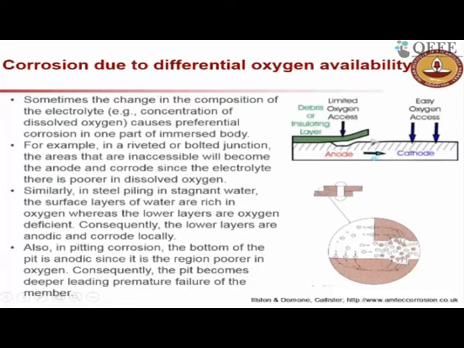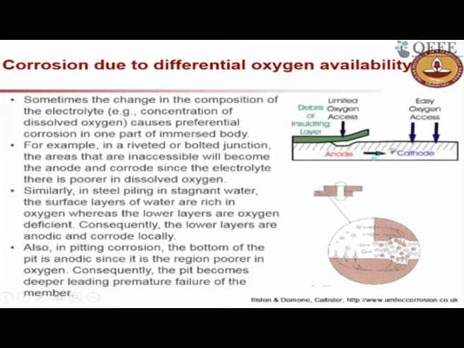Once that is consumed, there will be oxygen depletion in this region, and after that point this region will start functioning as an anode, and the region away from it will assist the corrosion by functioning like a cathode, because you have a good electrical connection here and sufficient moisture in the ambient environment, so that you get enough ionic conduction also.